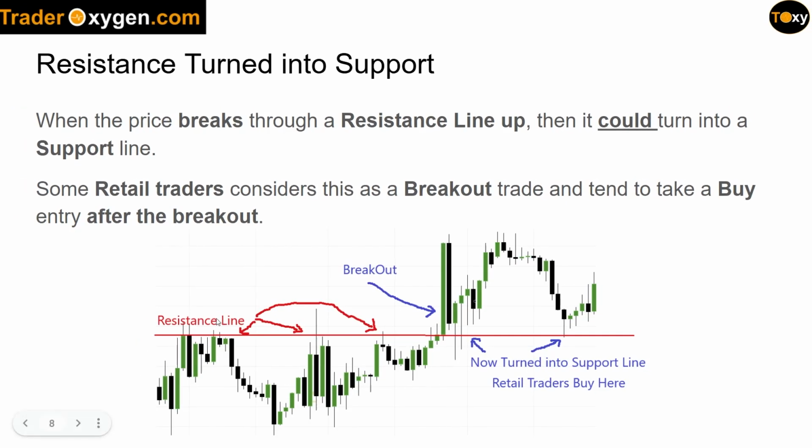So the earlier resistance line can now turn into a support line. Some retail traders consider it a breakout and will buy at these points where the price comes back to the earlier resistance line, because now they consider it a support line. Okay, let's see what's next.